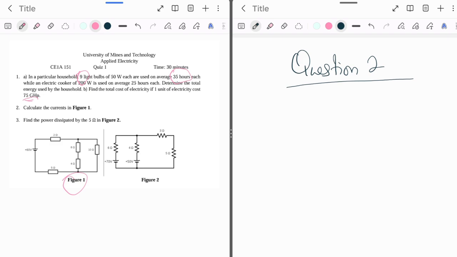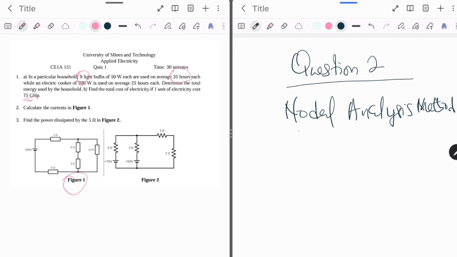I'm going to be solving this question 2 by using the nodal analysis method.